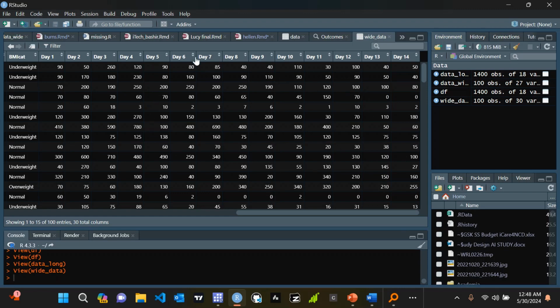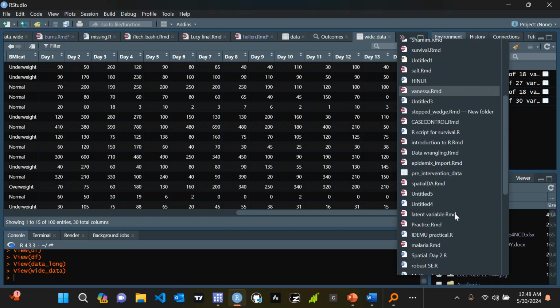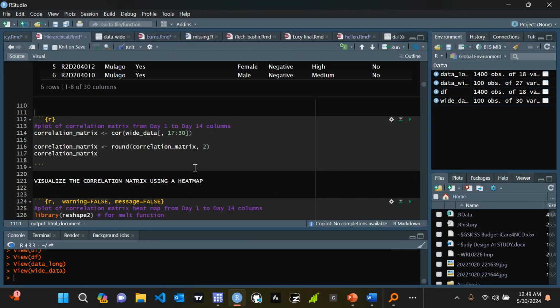If there is correlation between these days, we conclude that this data is correlated data, and the frequency of day 2 is influenced by the frequency of day 1, the frequency of day 3 is influenced by the frequency we got on day 2, and so on and so forth. So let's return back to our code.